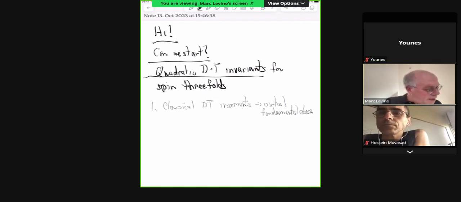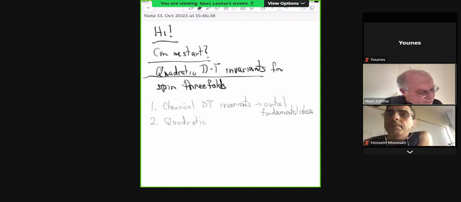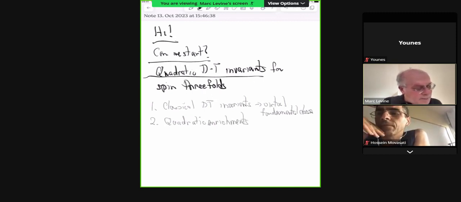Then I'll explain how you get quadratic enrichments of these. So these give you values in quadratic forms, which enrich the DT invariants, which are integers.